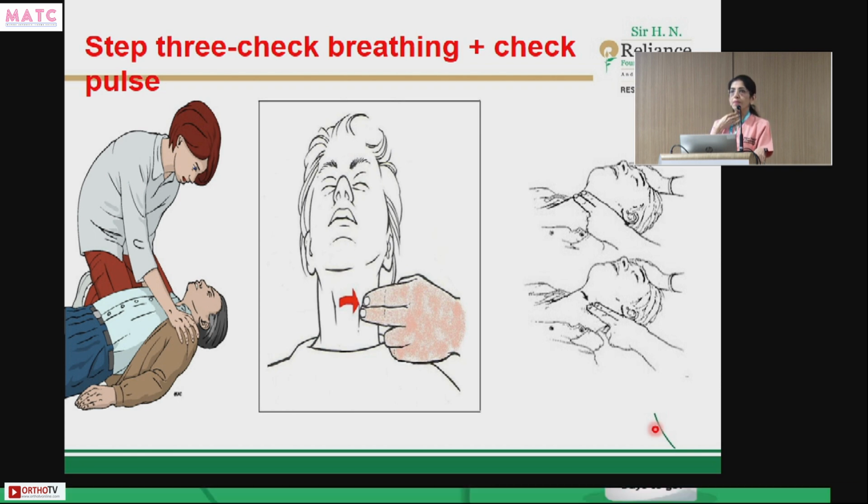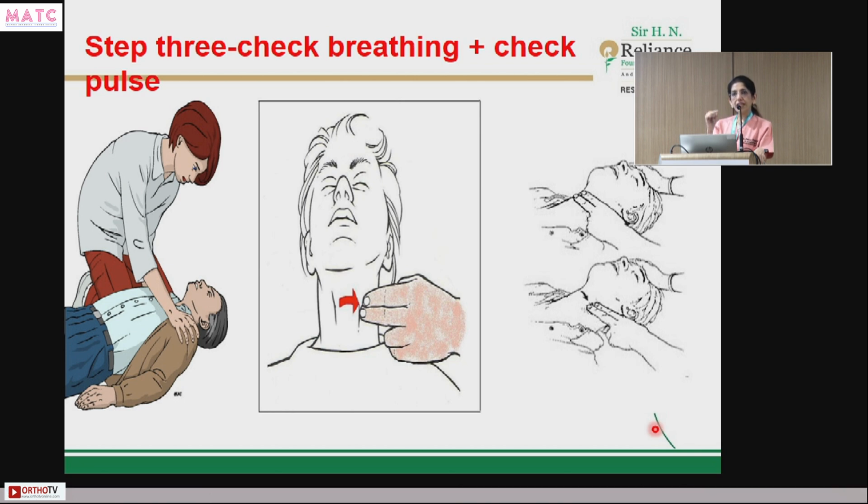Put your fingers on the trachea and slide them slightly to the lateral side and palpate for the carotid. You can do the carotid palpation with either 2 fingers or 3 fingers. Go from the center to the side, into the groove between the sternocleidomastoid and trachea, and palpate for the carotid pulse.